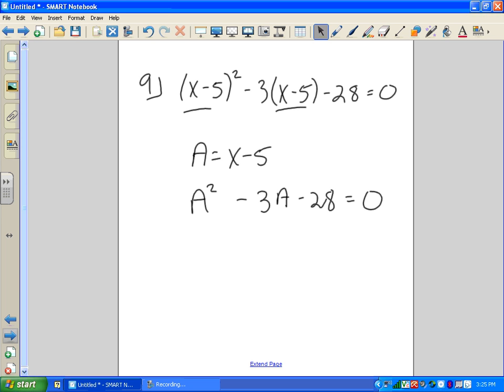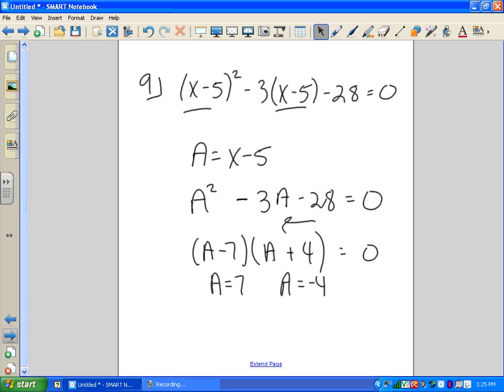So factors of 28 that subtract to give me 3 is going to give me 7 and 4. Signs are different. It's going to be that first minus on 7, and then the 4 would be positive. And so we get solutions there for a to be 7 and a to be negative 4 to make them 0.